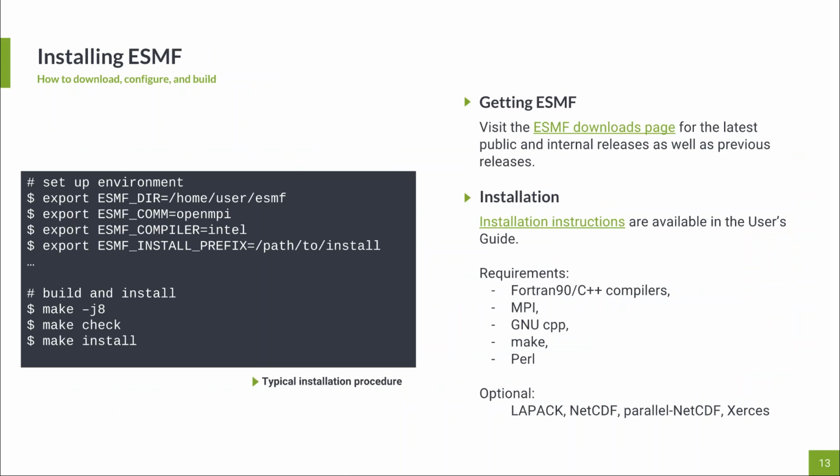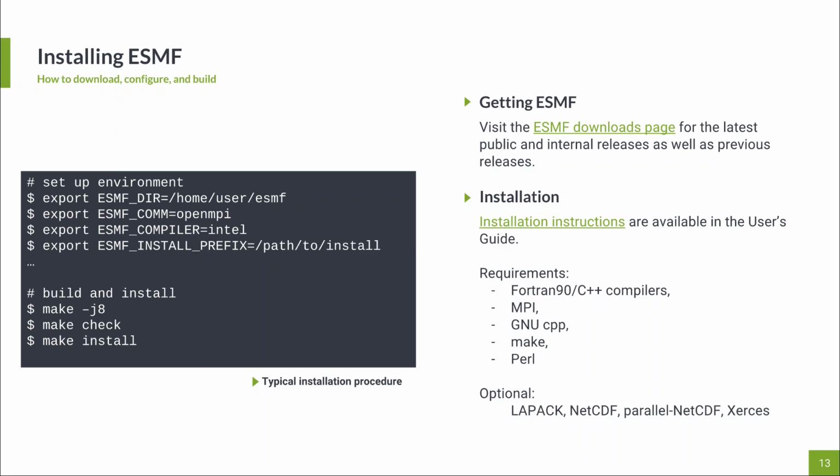The installation procedure is straightforward. I've given you the very short version in the code snippet to the left. You're essentially setting up your environment with the compiler you want to use and the implementation of MPI, and then make, make check, make install. If you're working on some of the bigger systems in the national labs, likely ESMF has already been installed, so if you look through the modules there, you might be able to use a pre-installed ESMF.